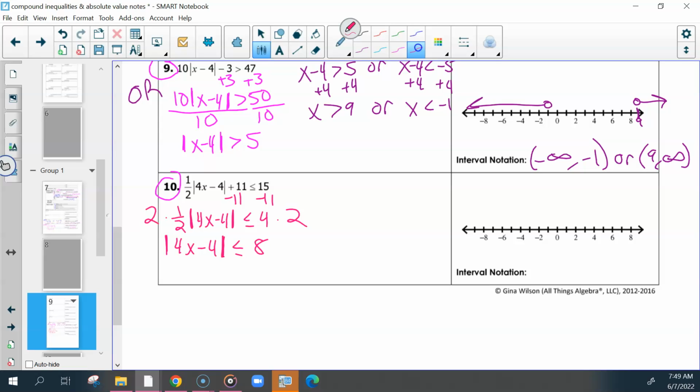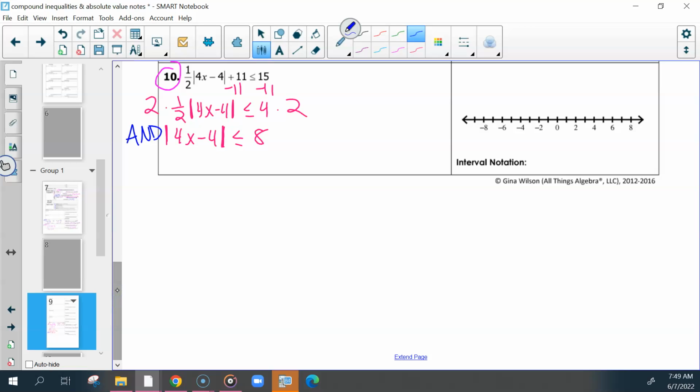Now that this is isolated, this is in fact a less than, so this is going to be an and. And I can write this as a condensed inequality with negative 8 and positive 8. Negative 8 is less than or equal to 4x minus 4, which is less than or equal to 8.